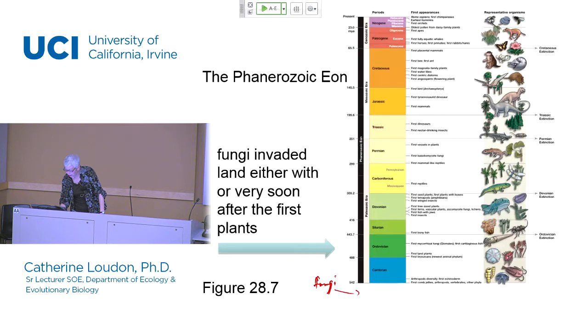But during this earlier time period, the pre-Cambrian, there is very little in the way of a fossil record. So there's very little information about the very first fungi, but it is very clear that they were inhabitants of the terrestrial landscape pretty soon with or shortly thereafter the very first land plants.